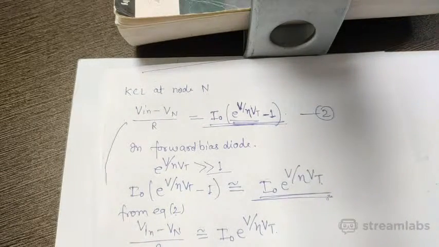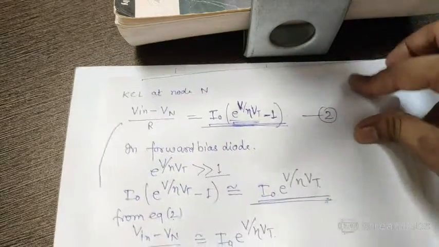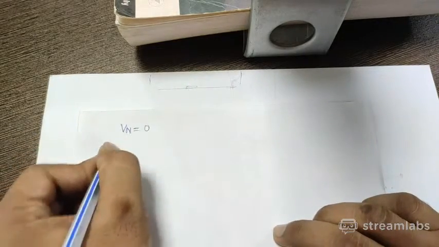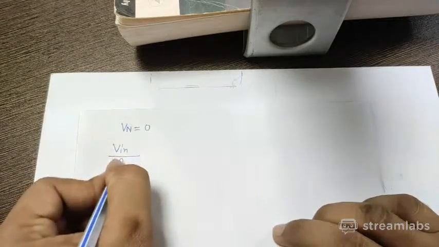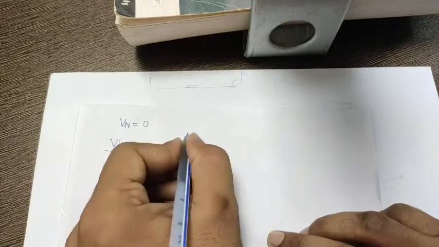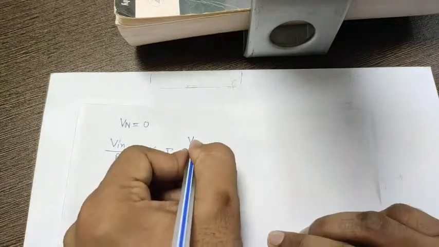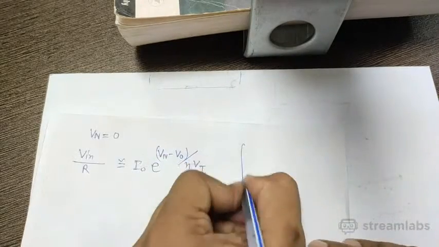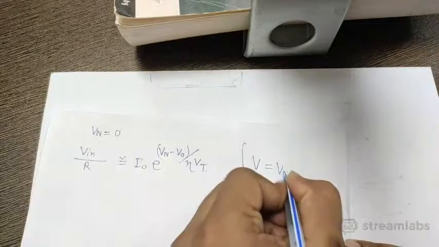This way we are going towards the solution, and Vn is already 0, as I calculated previously. Therefore this equation is now Vin upon R equals I naught e to the power V, where V is the voltage across the diode, that is Vn minus V naught, divided by eta Vt.